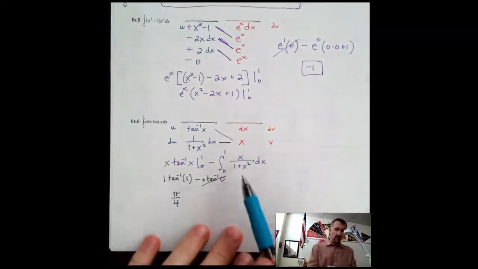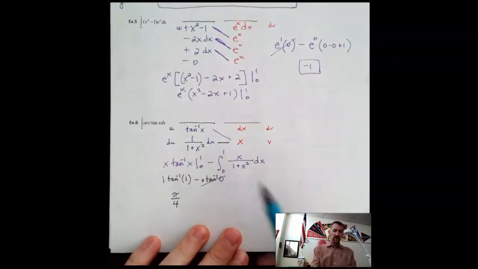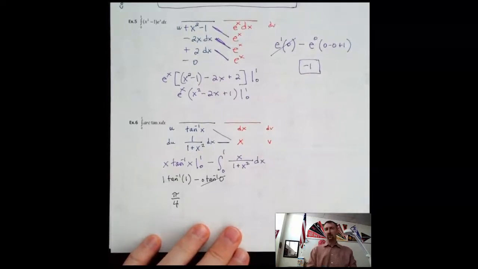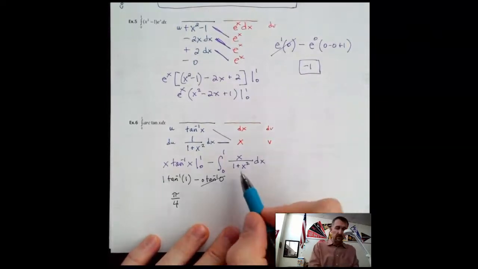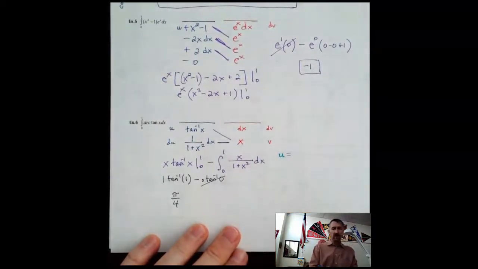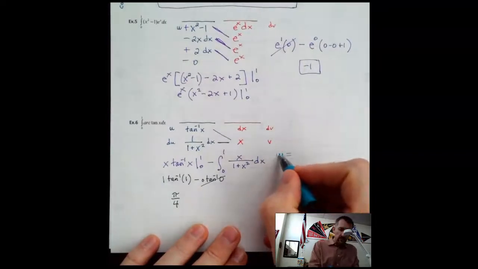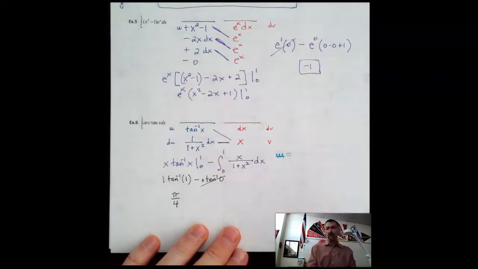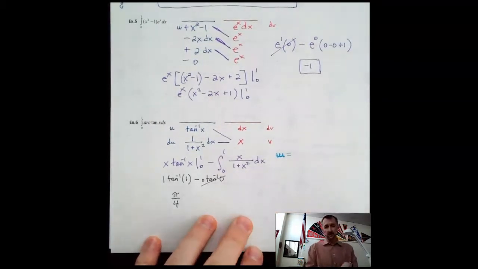Now, come back over here. This is just a normal u substitution integral. So I'm going to let u, and you guys should be able to pause this, and oh, I'm going to use w instead, because we already used u up there. So I'm going to do w substitution instead of u substitution.